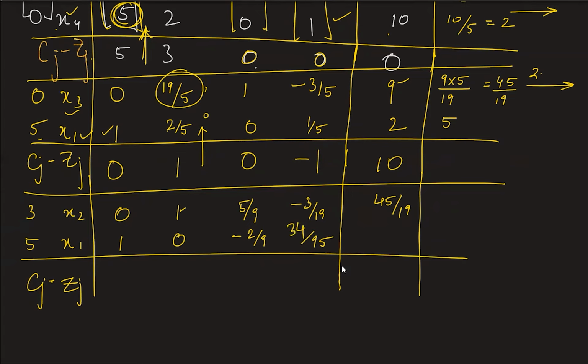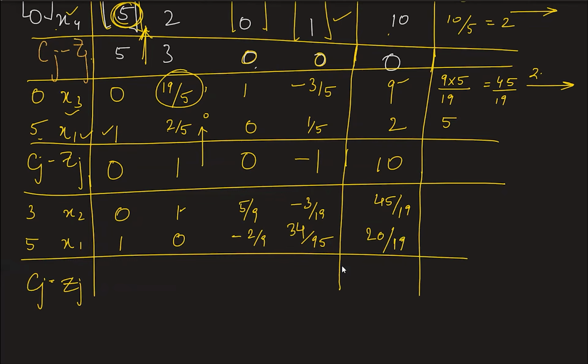And this would be again 2/5. So 2 minus 18 by 19, 38 minus 18 by 19, 20 by 19.